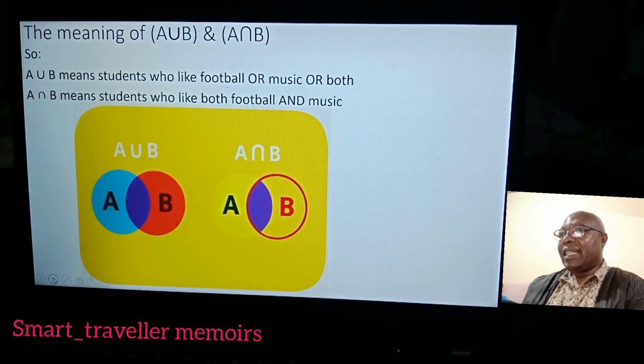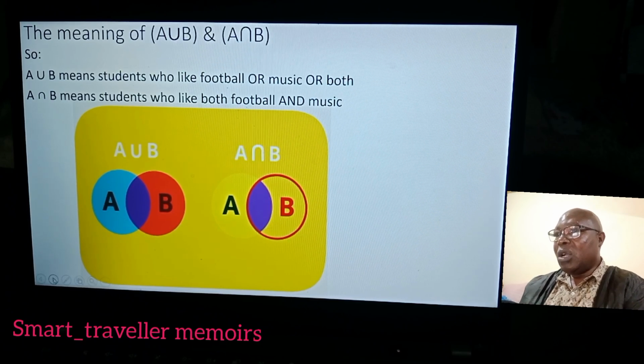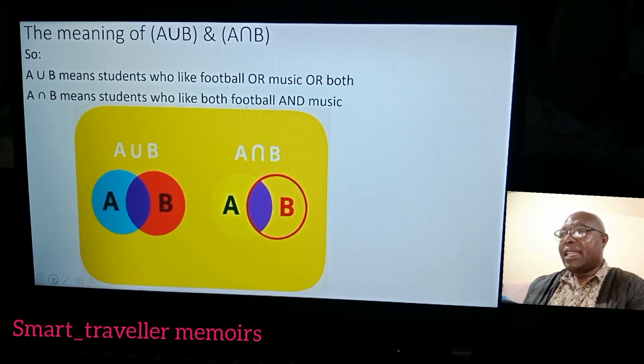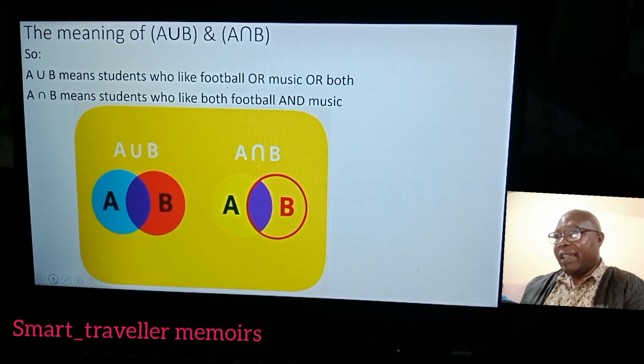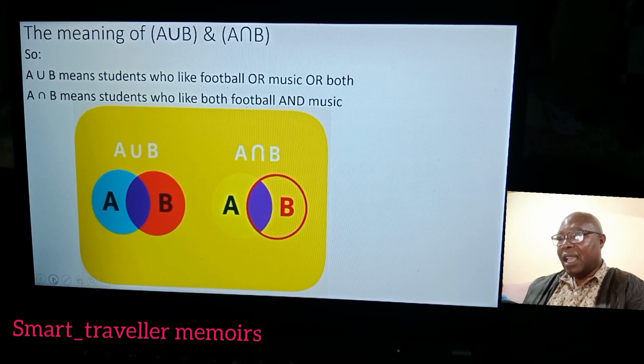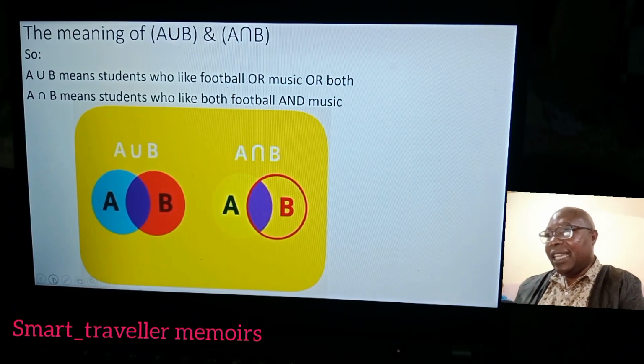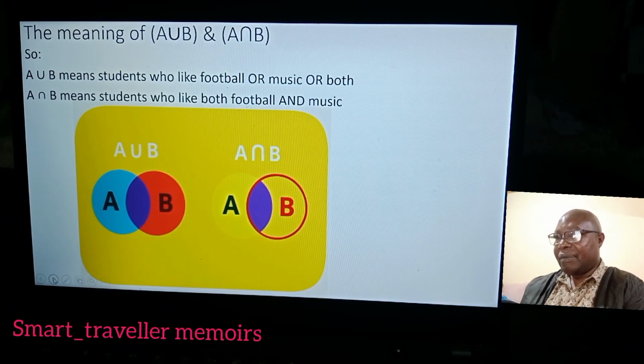While A intersection B means students who like both football and music. And I've illustrated that in a diagram, in mathematics we call a Venn diagram. On your left, you have A union B, and on your right, you have A intersection B.